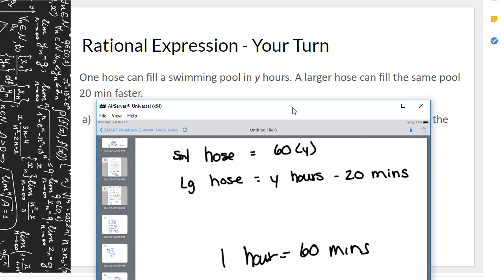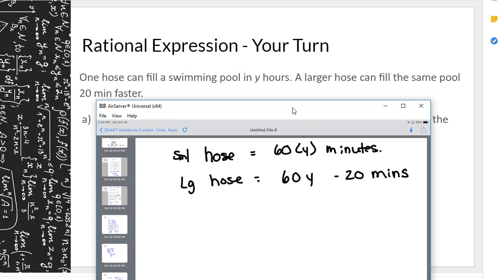So our large hose actually fills the pool in 60Y minus 20 minutes. Well, how does that work? Well, if it filled it in 2 hours, it would be 120 minutes minus 20 minutes. The small hose would be 60, so 2 hours would actually be 120 minutes. Okay, so we've just converted this all to minutes.